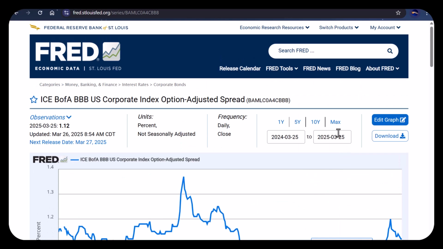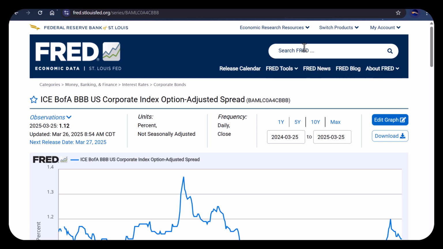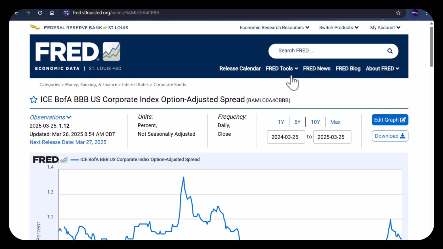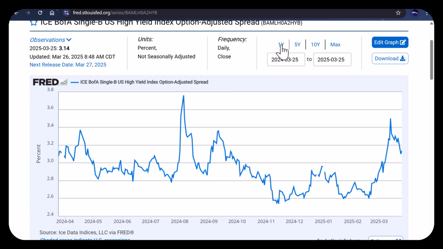If you want to look at the effect on small business borrowing, small to medium, actually look at single B spreads. These are junk bonds, but most small to medium businesses, credit quality wise, are considered junk. It is a pejorative term. It's just low credit quality because of the nature of the business.